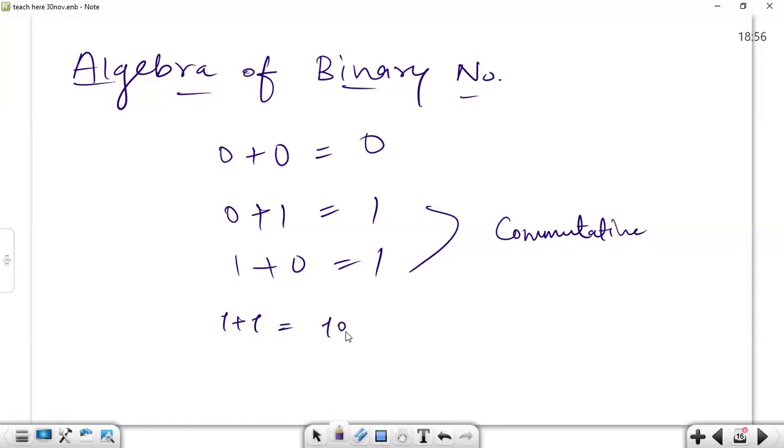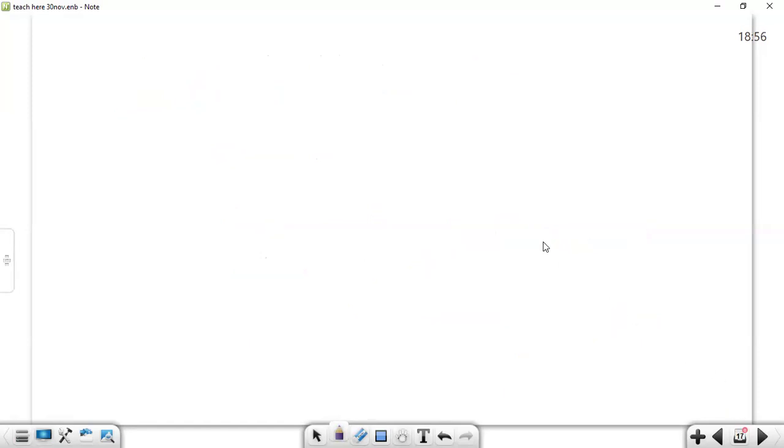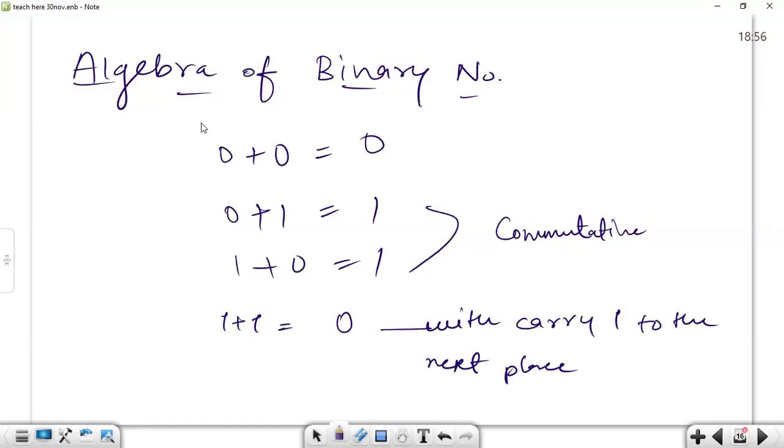So 1 plus 1 will become 0, and the remaining will go to the next place as 1 as carry. Okay, this is carry. Any doubts? No doubts.